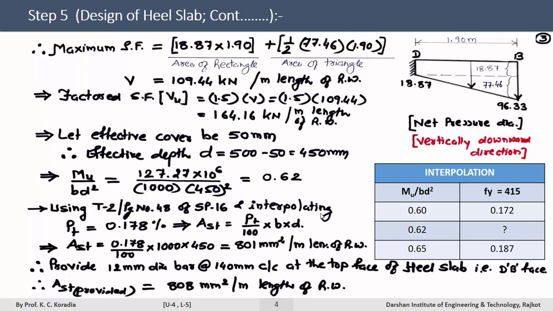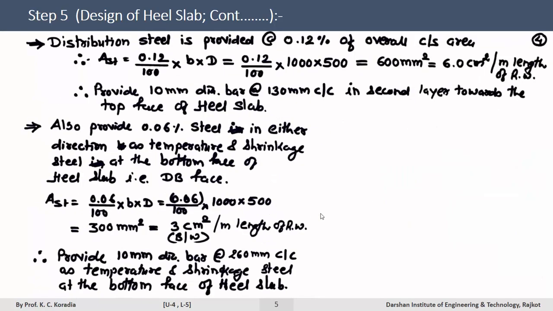Now the percentage of distribution reinforcement will be 0.12% of the overall cross-sectional area, as we have seen in our stem slab design. Therefore, here we use the overall cross-sectional area, hence the overall depth and not the effective depth.